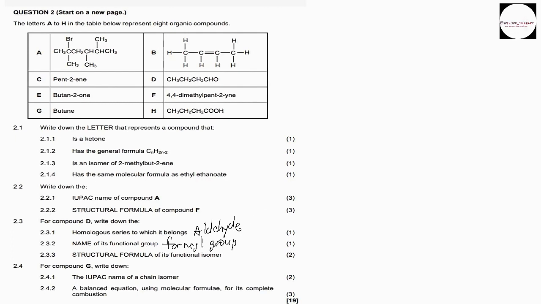The functional isomer of an aldehyde we already know is a ketone. So this is 1, 2, 3, 4. To draw the structural formula of its functional isomer, let's maintain 4 carbons, and then have our double bond, the carbonyl, on the carbon that is in between other carbon atoms.